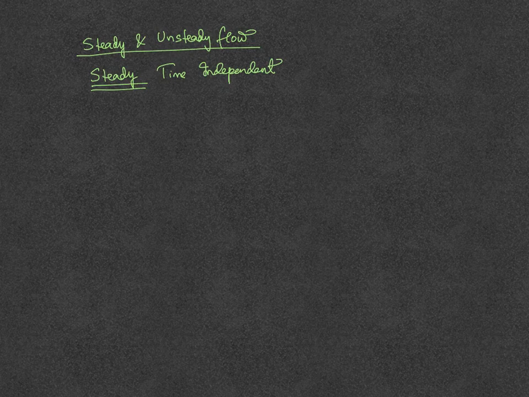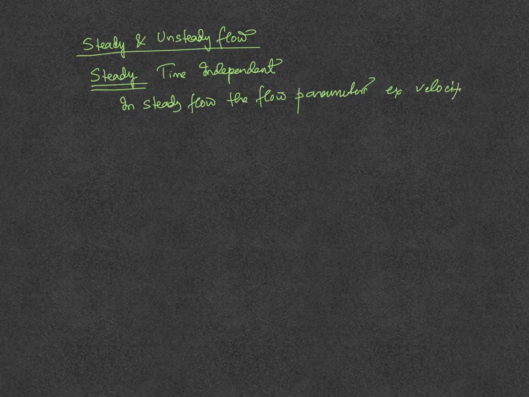In case of steady flow, the flow parameters, for example the velocity of the fluid at a certain point in space, or a certain point in a fluid in motion, remains constant with time.